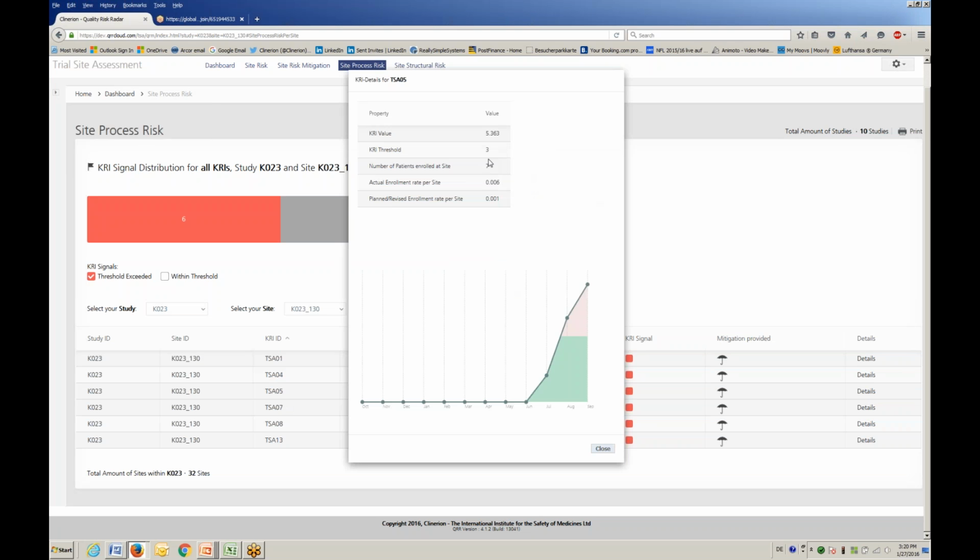So what we can see is, first of all, it has a threshold of 3, but in particular, what is it comparing? It's comparing the particular enrollment rate of this site to the planned overall enrollment rate, and it's seeing quite quickly that the actual enrollment rate here at the site is almost 5.5 times more than what was originally planned. Consequently, the red KRI is shown here below.